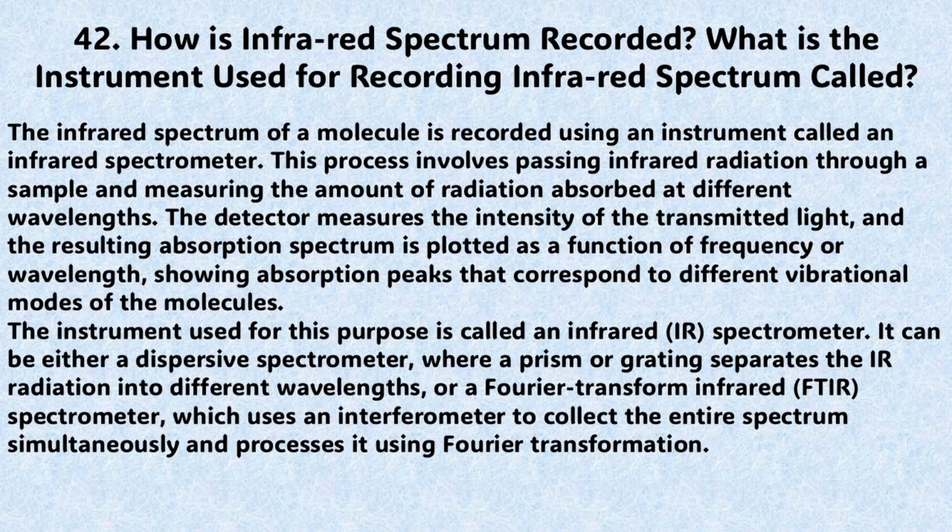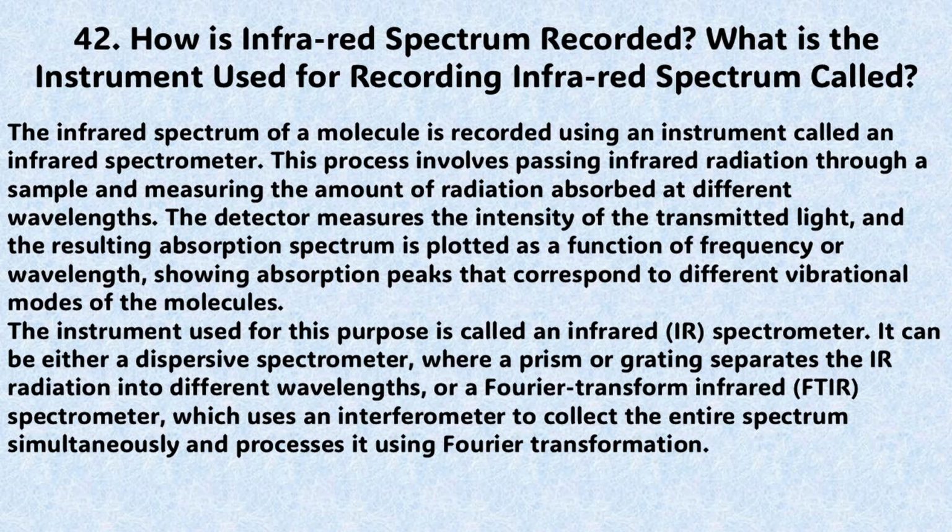What is the instrument used for recording infrared spectrum called? The answer to this question is very simple. The infrared spectrum of a molecule is recorded using an instrument called an infrared spectrometer. This process involves passing infrared radiation through a sample and measuring the amount of radiation absorbed at different wavelengths.